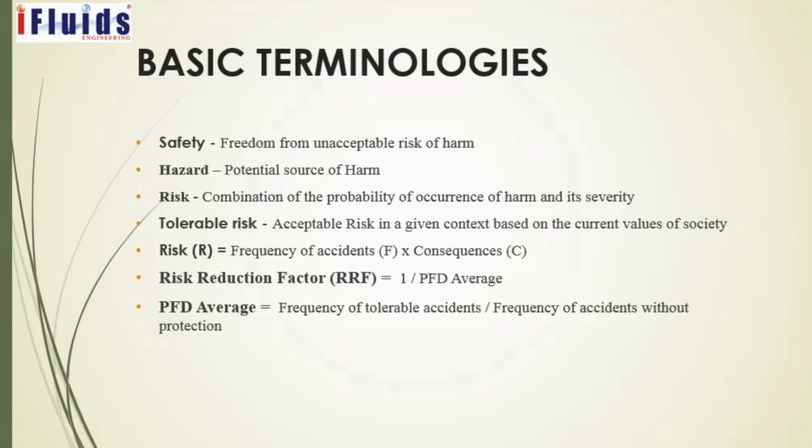The combination of this into that gives you the risk. Tolerable risk is the acceptable risk in a given context based on the current values of society. So risk is frequency of accidents times consequence. Risk reduction factor is RRF, 1 divided by the probability of failure on demand. PFD average is the frequency of tolerable accidents divided by the frequency of accidents without protection.